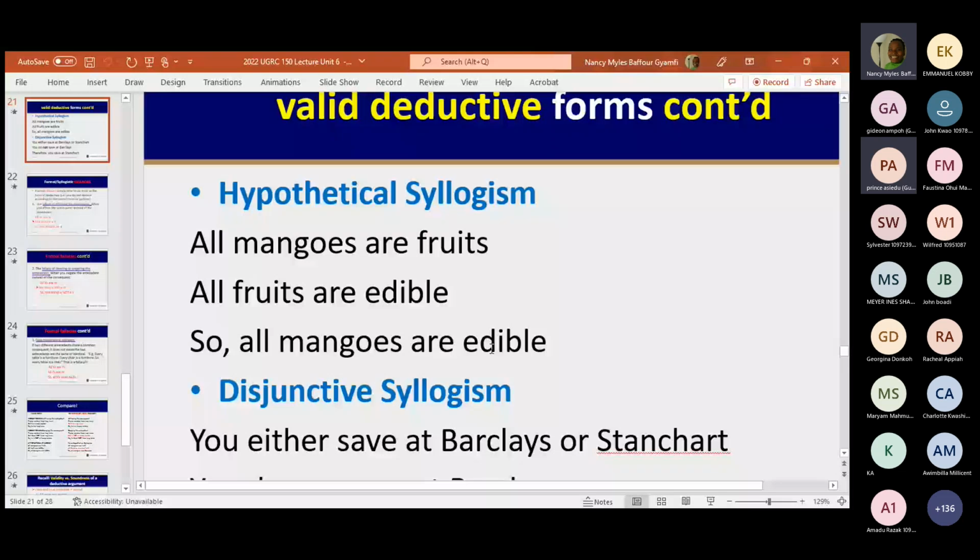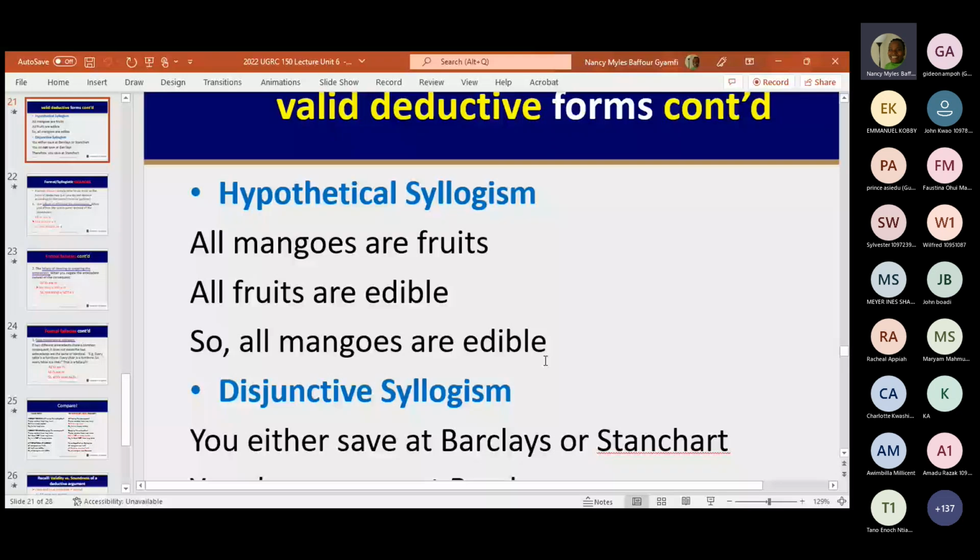Gideon, I was saying that you were asking if we say all mangoes are fruits and all fruits are edible, they want to conclude, therefore, all edible things are mangoes, instead of saying all mangoes are edible. Is that your question? Yes, please. And I'm saying that no, because when I say all mangoes are edible, it's not the same as saying all edible things are mangoes. I've already worked you through that. When we did modus ponens, I interpreted the universal statement for you.